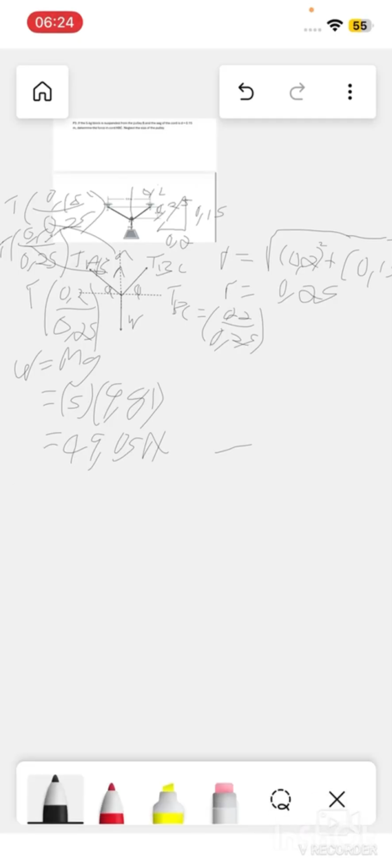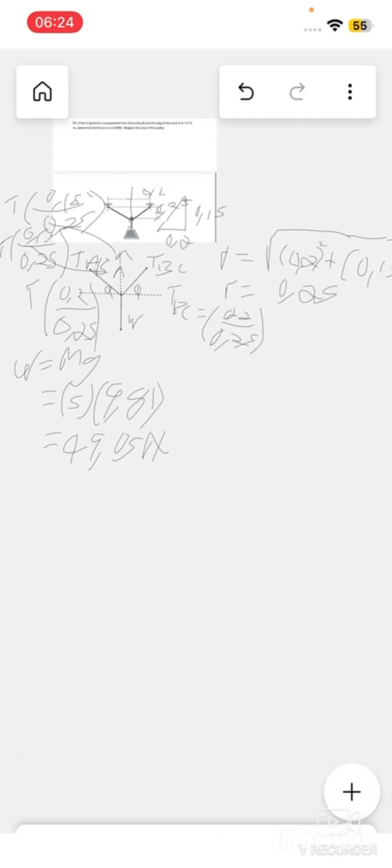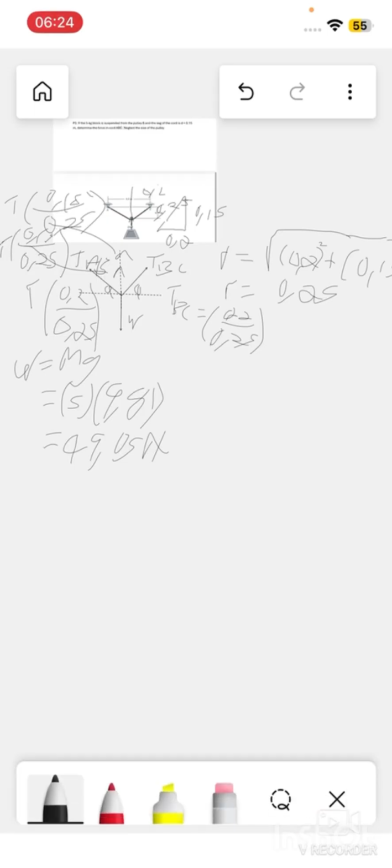So we're going to calculate the angle theta now. tan theta is equal to opposite over adjacent, so our opposite is 0.15 over 0.2, which is our adjacent, parallel to the horizon.